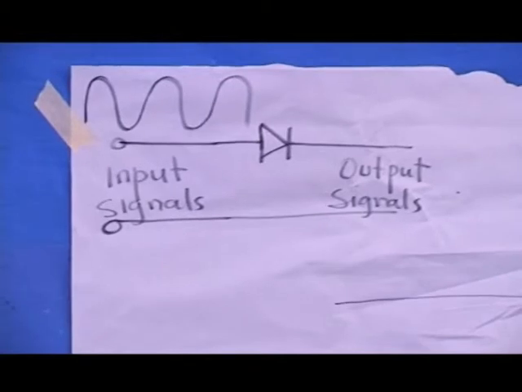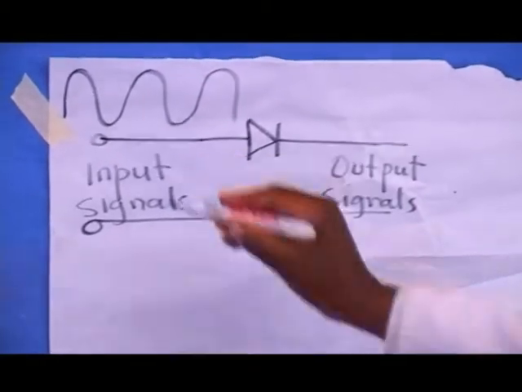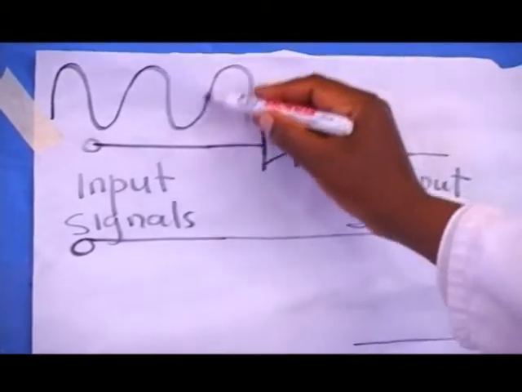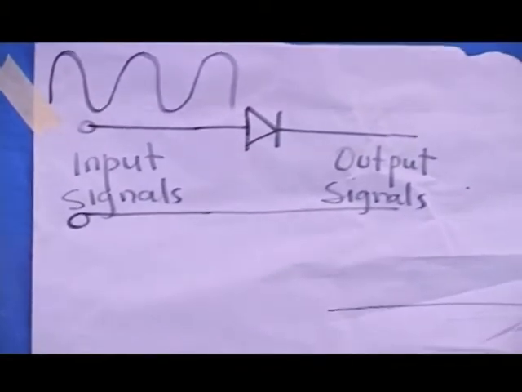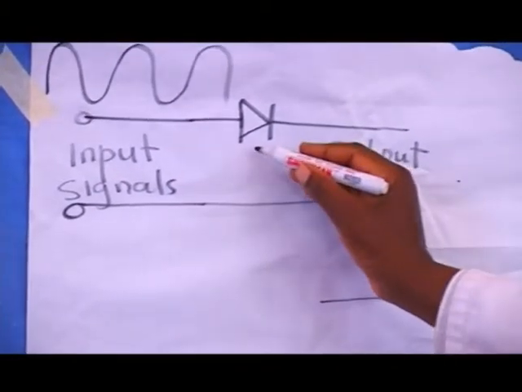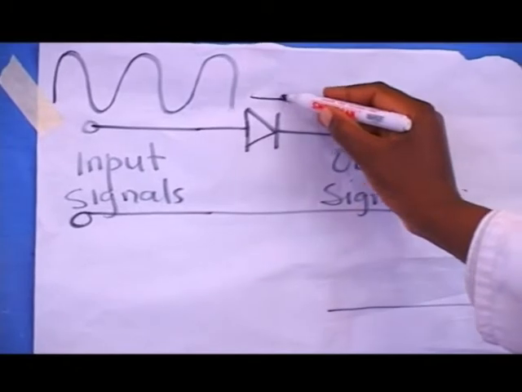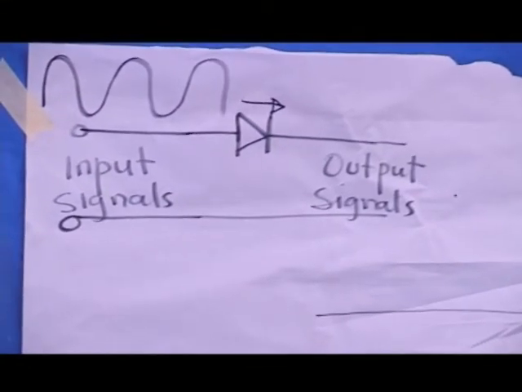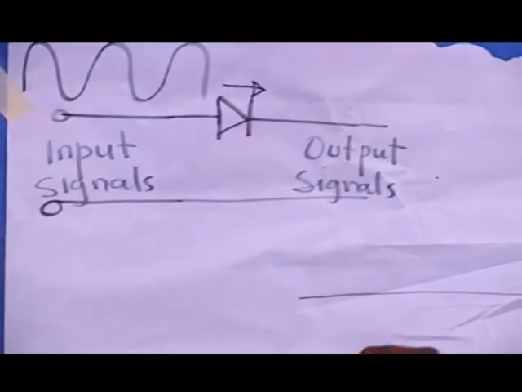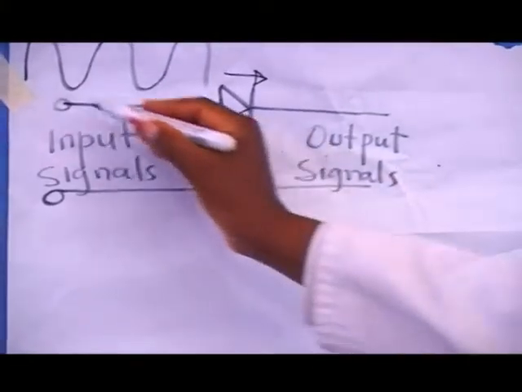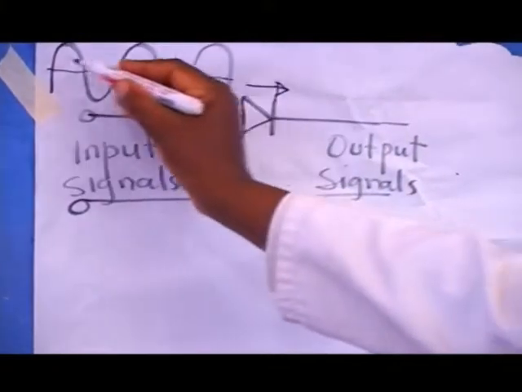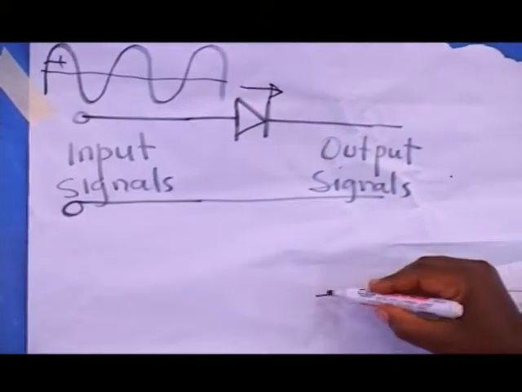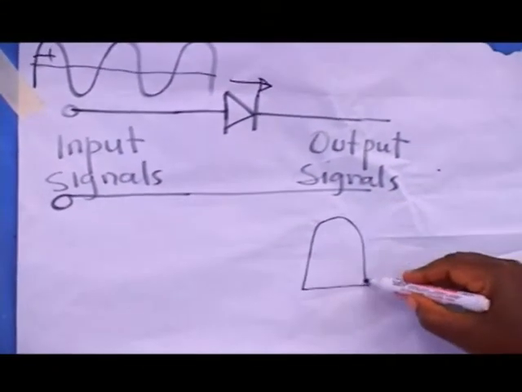As observed, the input signal was a sinusoidal wave, and we had only one diode, in the direction of the positive current. And so what we observed as the output was that the positive part was allowed to pass.